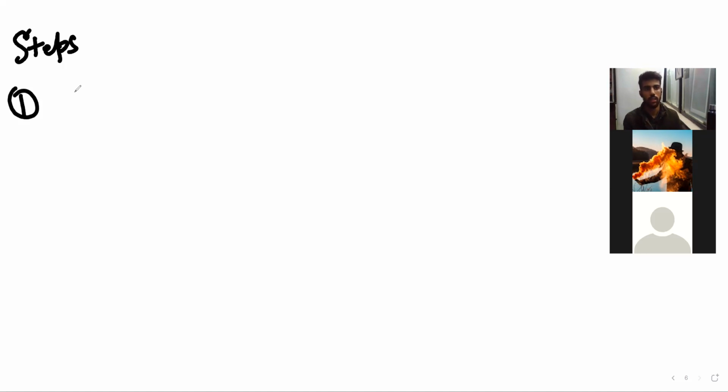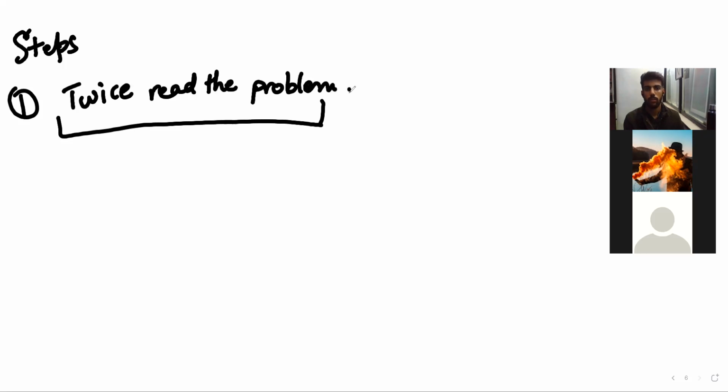These are the suggested steps that good programmers tend to take. First, whatever problem is given to you, try to read it at least twice. In our case, the problem statement was pretty simple, just one line, so we could understand it by reading it once.